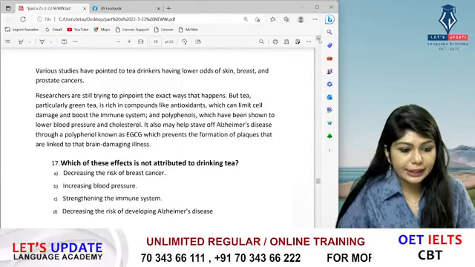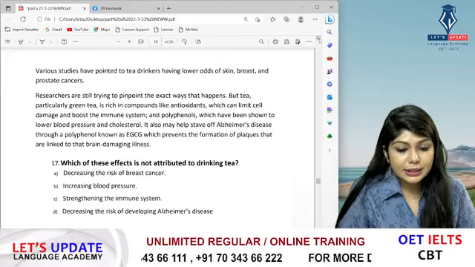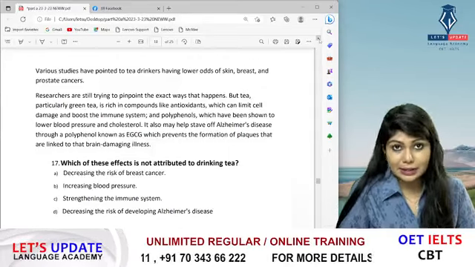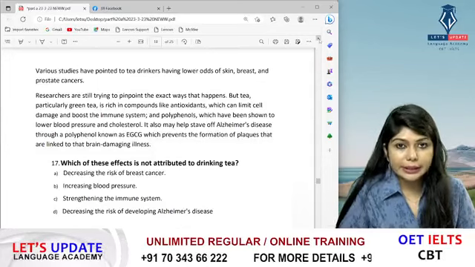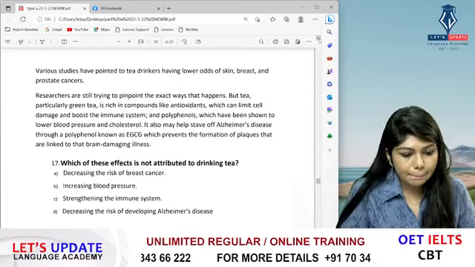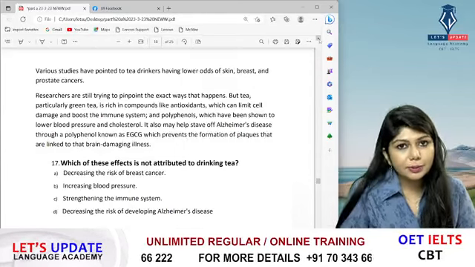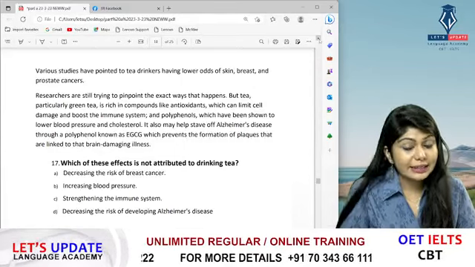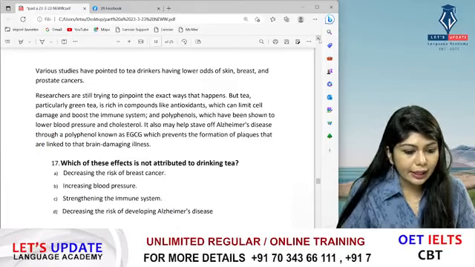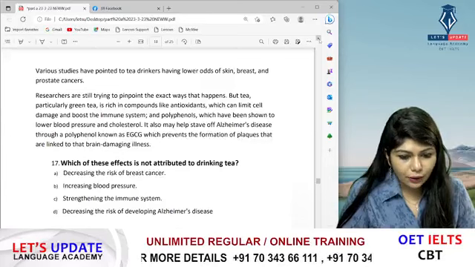Let's look at what they have discussed over here. Definitely they have pointed out that tea drinkers have lower odds of skin, breast, and prostate cancer. That means they have a lower risk of getting these types of cancers. Researchers are trying to pinpoint the exact way that happens, and they are also telling about the benefits of green tea.